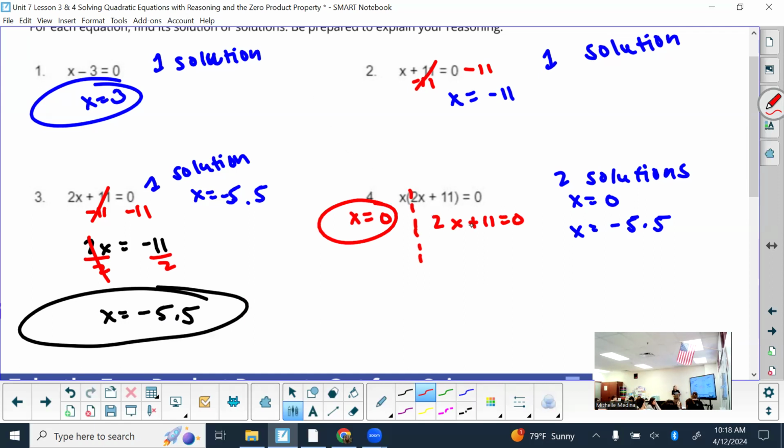In this one, we actually just did this problem in number 3. There's the algebra for it. X would have to be negative 5.5 to make this parenthesis 0. 0 times negative 5.5 would be 0. That's why there's 2 solutions. So notice, would number 4 be considered quadratic?